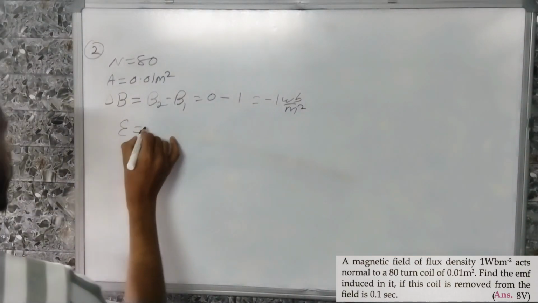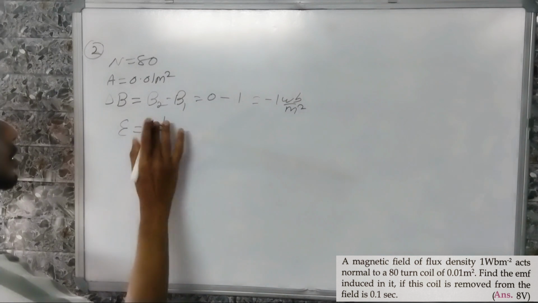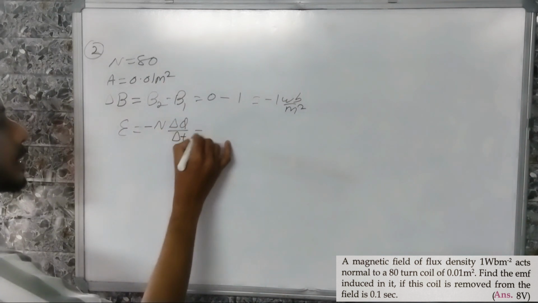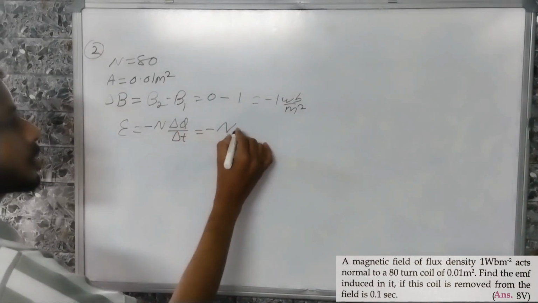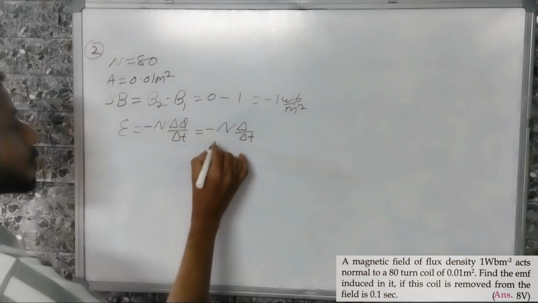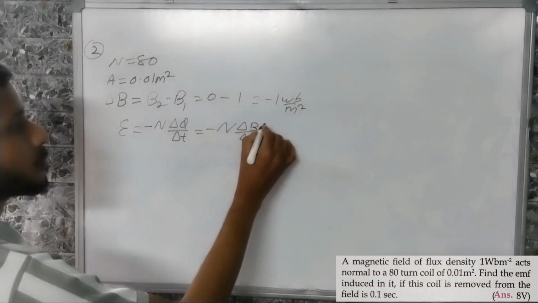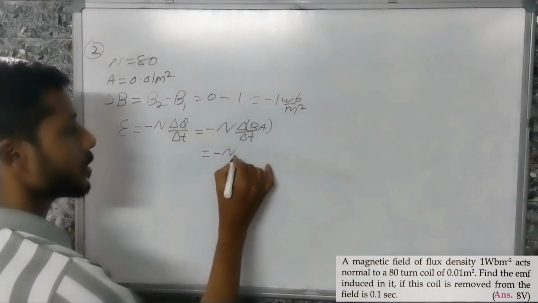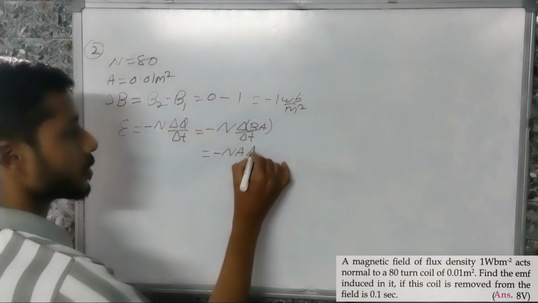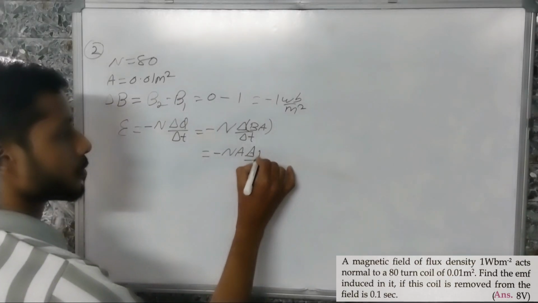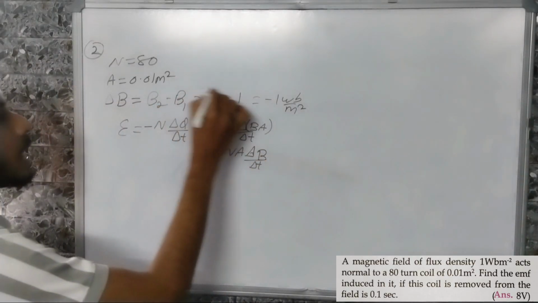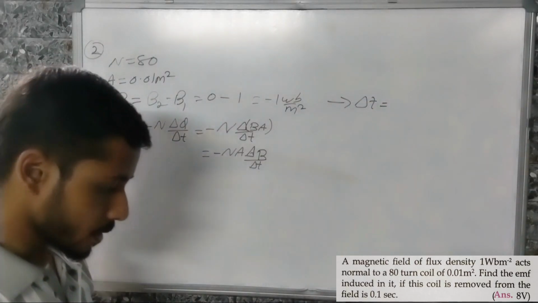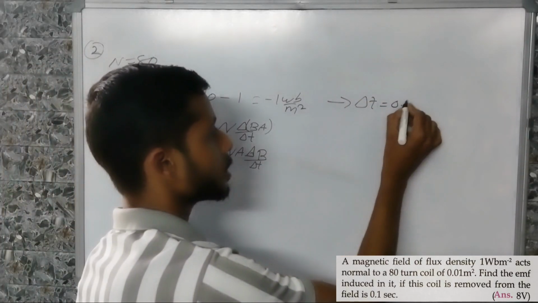Again, E is equal to minus N del phi by del T, minus N del phi is BA, again minus N B, and delta T is 0.1 second.